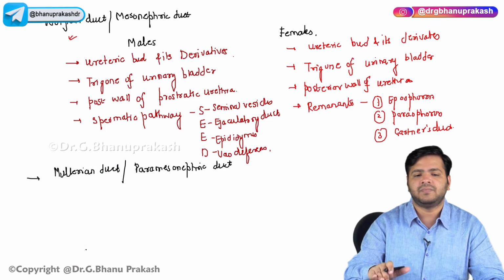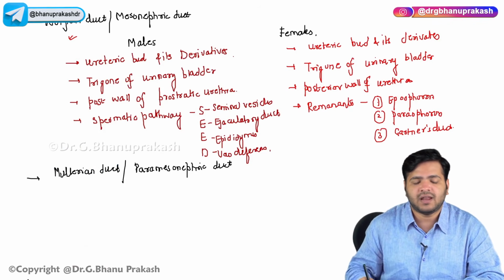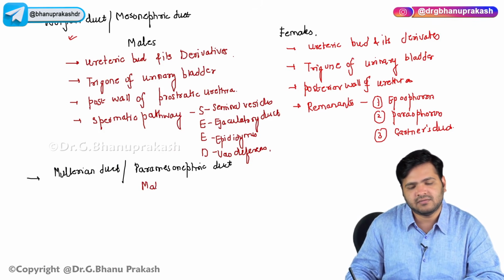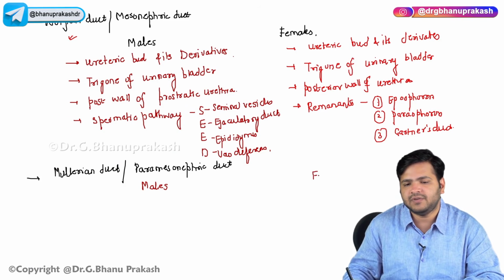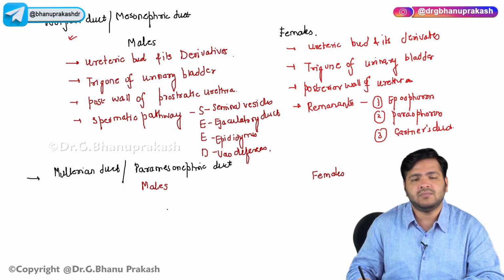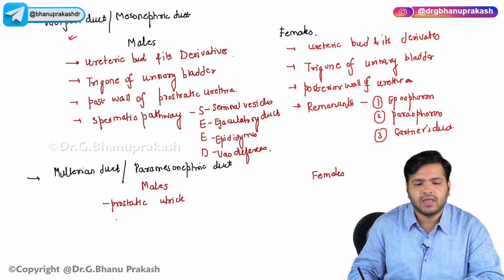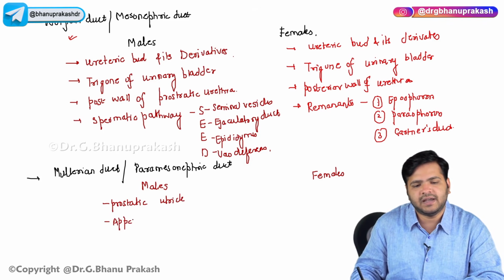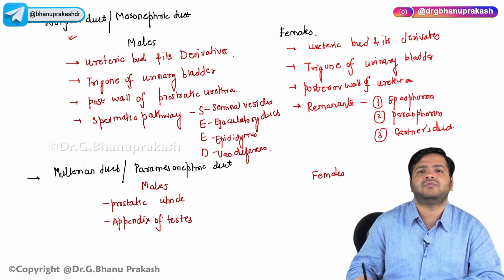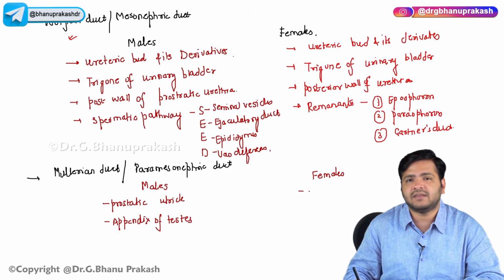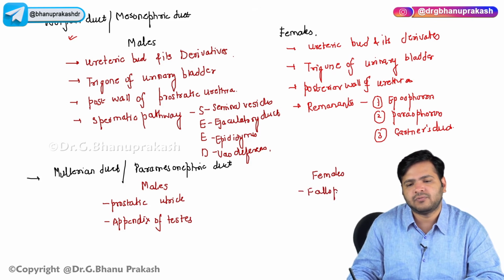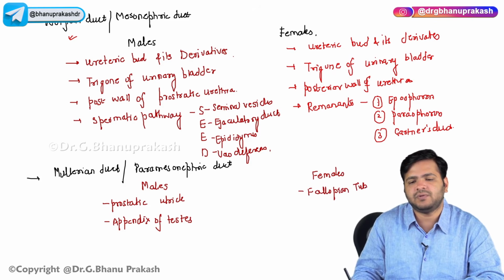So remember over here, this Müllerian duct or paramesonephric duct, let us just draw, this is males and this is females, right? In males, it will give rise to the prostatic utricle, and it will also give rise to the appendix of testis, whereas in females it will give rise to the fallopian tube.